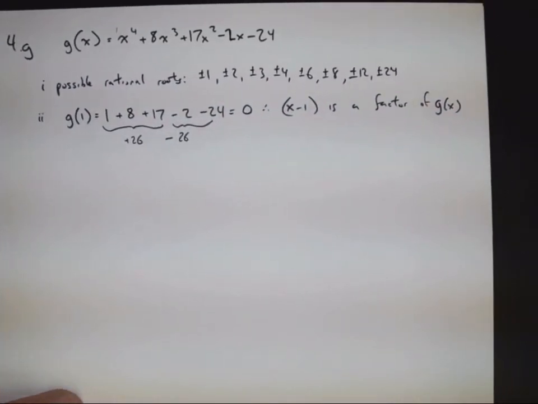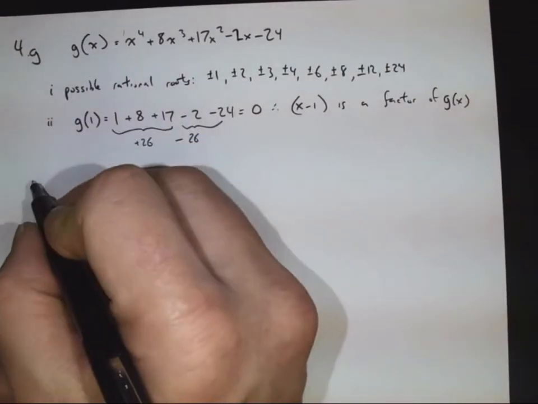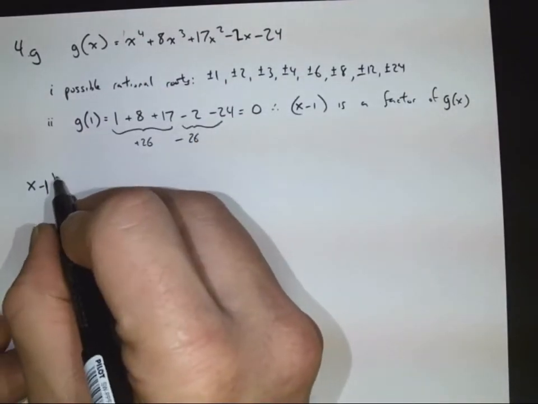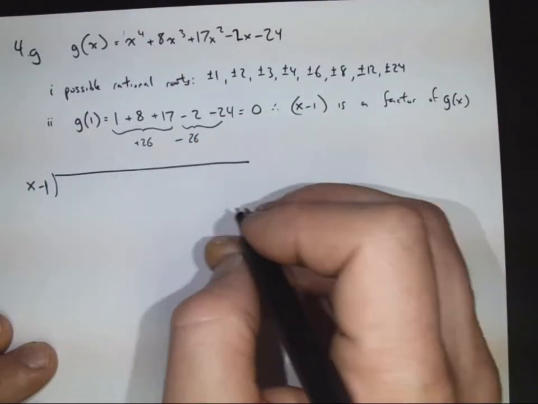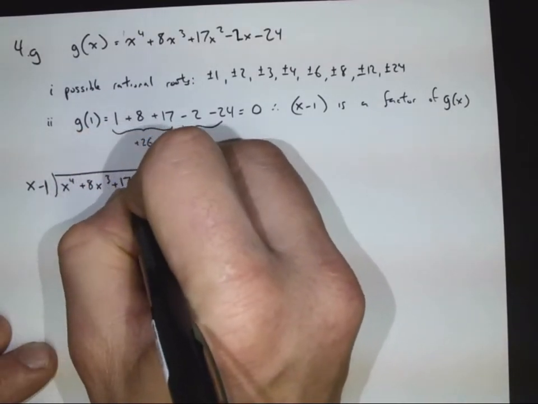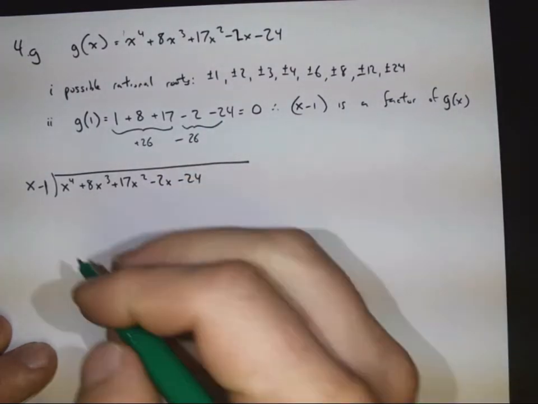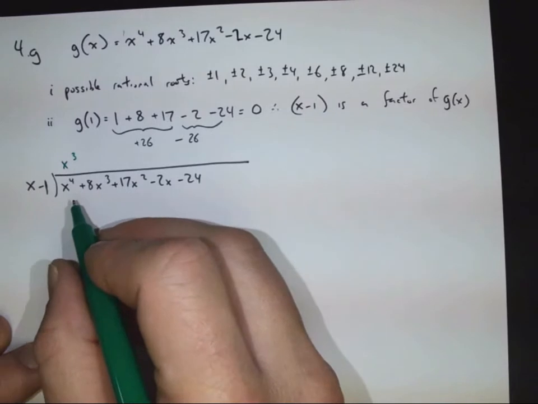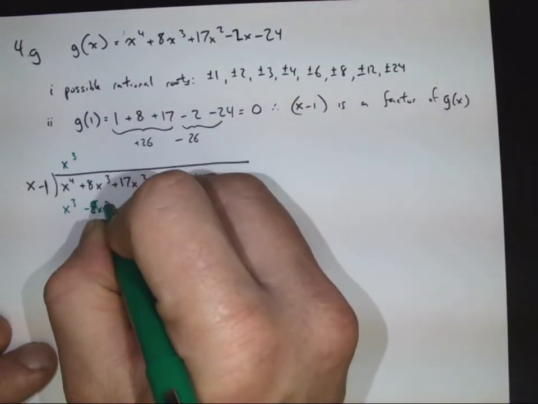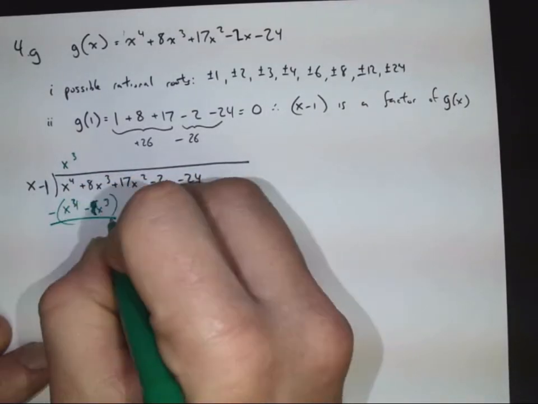Okay, so that means that we can use this to simplify this expression by dividing it out. x to the power 4 plus 8x cubed plus 17x squared minus 2x minus 24. And I'm just going to run through this pretty quickly. Oops, pardon me, x to the power 4, jeepers, what a mess.